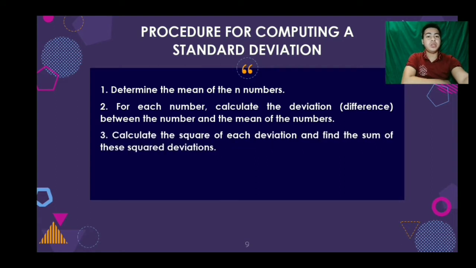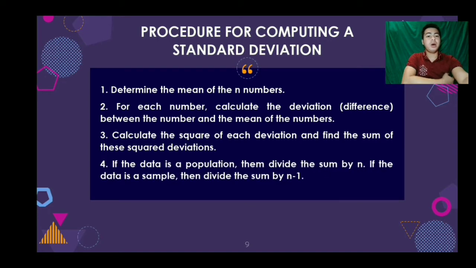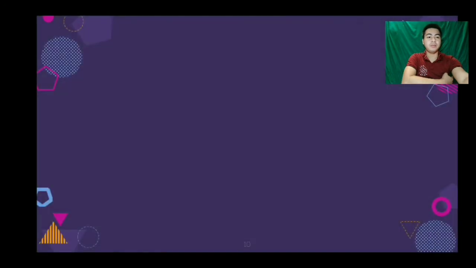The third procedure, let us calculate the square of each deviation and find the sum of these squared deviations. The fourth one, if the data is a population, then divide the sum by n. If the data is a sample, then divide the sum by n minus 1. The fifth one, find the square root of the quotient in step number 4.